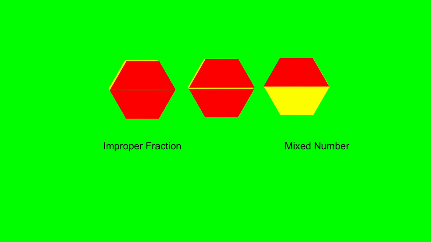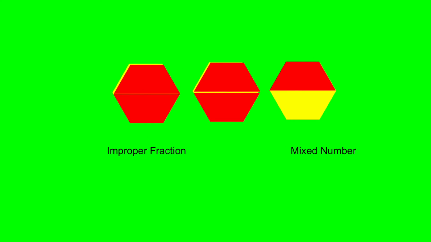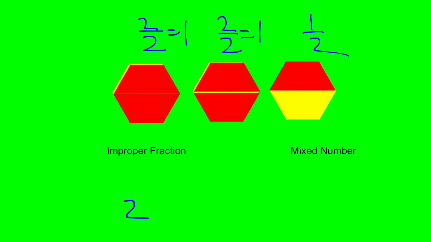And then we talked about this one. Now, this picture here, this is all part of one picture. This part represents 2 over 2, or 1 whole, as does the second one. And the third part of it represents 1/2. So this picture is divided into halves. So that's the denominator of our fraction.